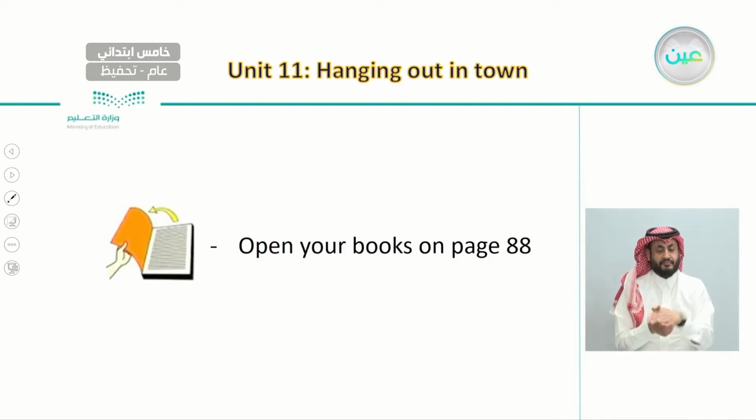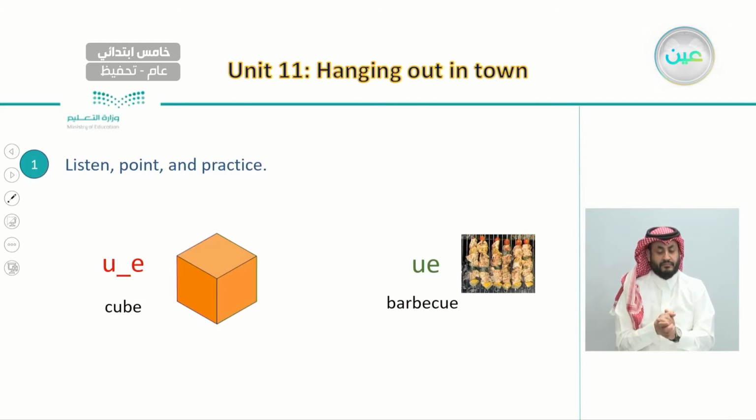So to do this, I would like you please to open your books on page 88. Now on page 88, what we're going to do is we're going to listen, we're going to point, we're going to practice two different words.